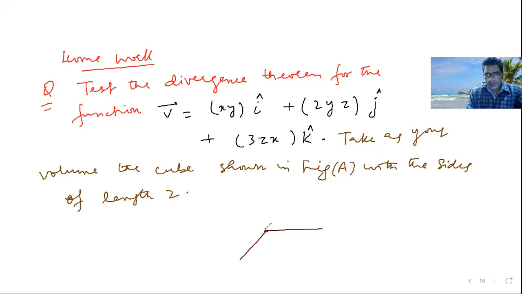So my figure is this x, this y, this z. Let me take another color, yellow. Looks dim. Choose another color, black.